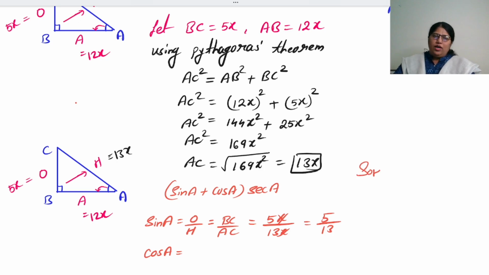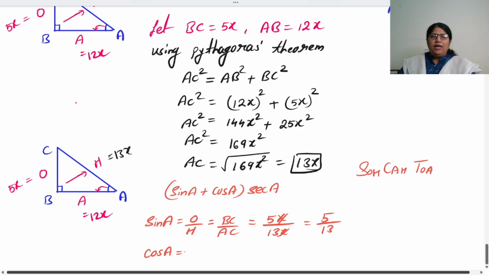Always write down SOHCAHTOA. If you write this initially, you will not go wrong with the basic rules. So cos A is adjacent by hypotenuse. What is the side adjacent to angle A? It is AB by AC, and AB length you got as 12x by 13x. So you got the ratio as 12 by 13.